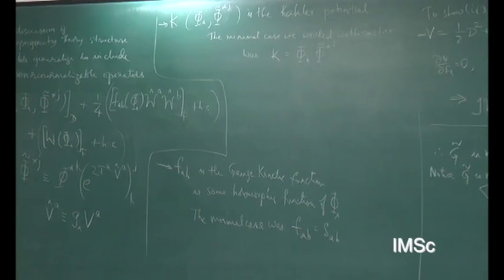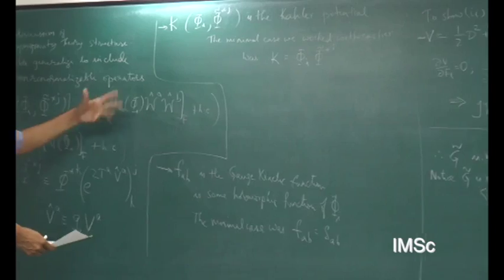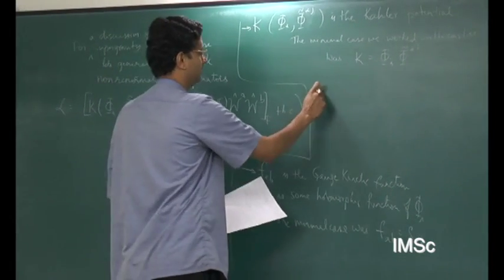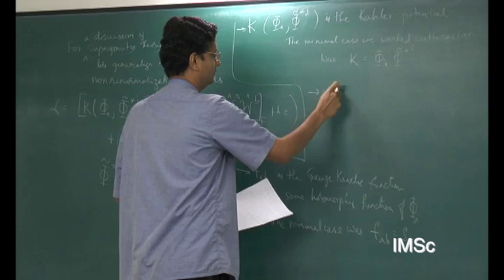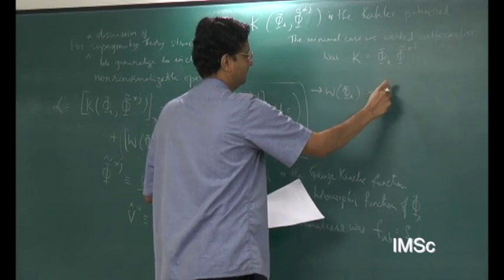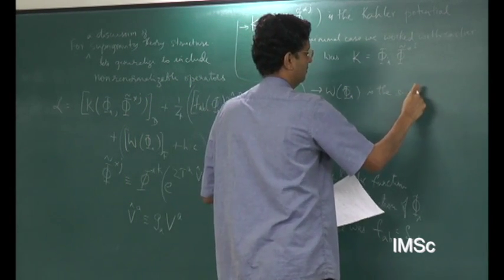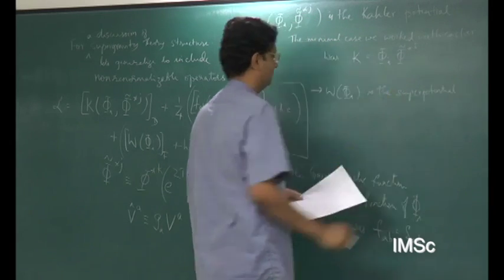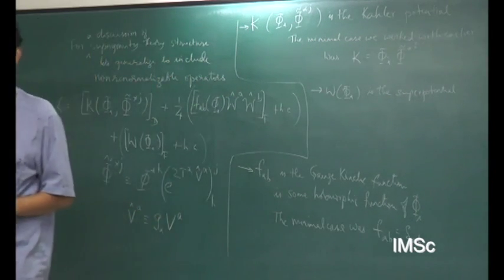But I'm just writing down the structures where you can generalize in some specific ways. And again, W is just the superpotential as before, which is again a holomorphic function of all of these chiral superfields phi.